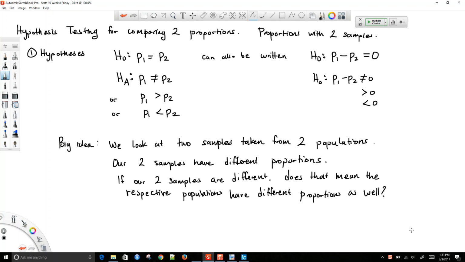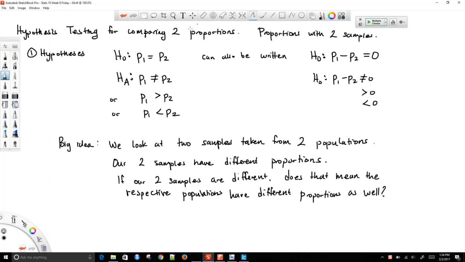Okay, so if I took a random sample of, I don't know, UCLA students, and we surveyed them a question, and then we go to USC and we ask the same question to a random sample of USC students, maybe the two samples have slightly different proportions. And does that mean the respective populations are different? That's what we're asking, okay?